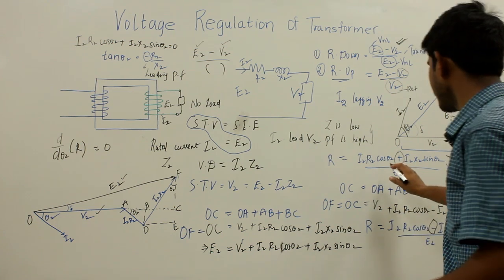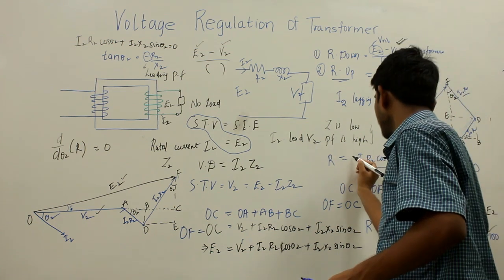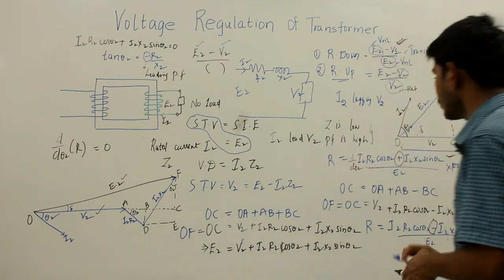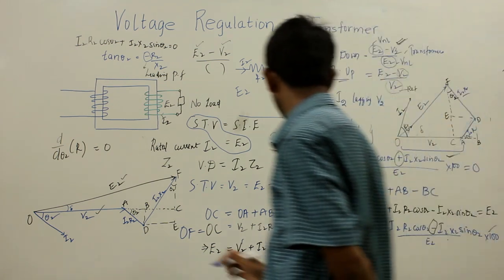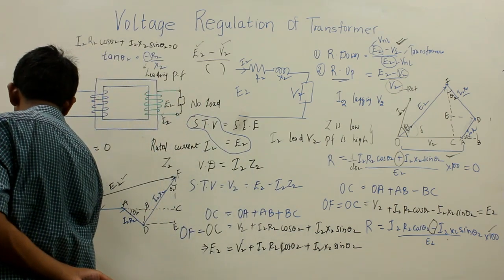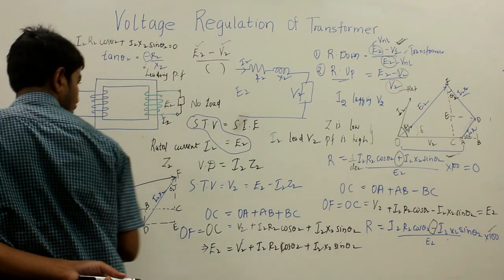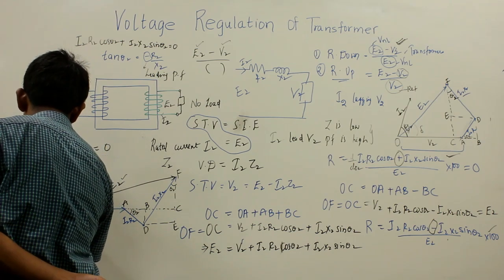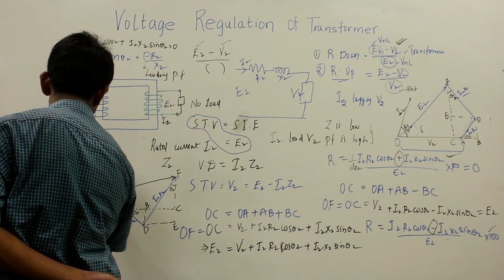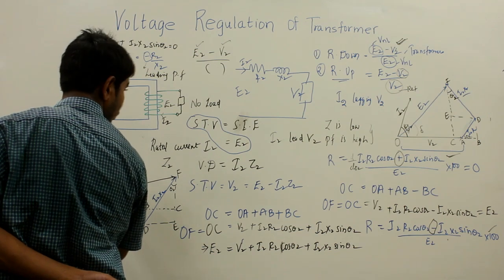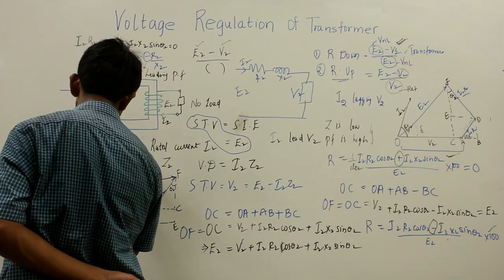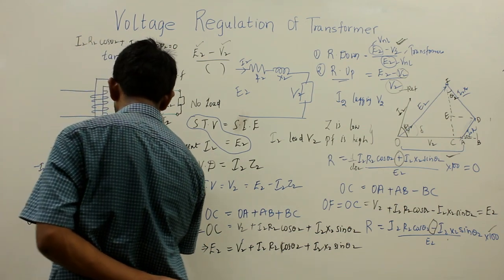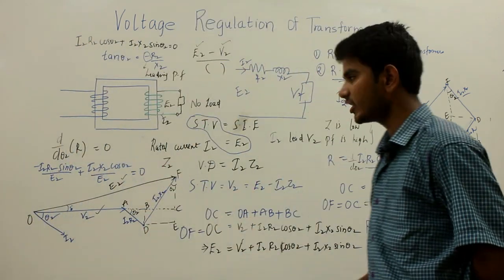So the expression we get is minus I2 R2 sin theta 2 upon E2 plus I2 X2 cos theta 2 by E2 equal to 0.